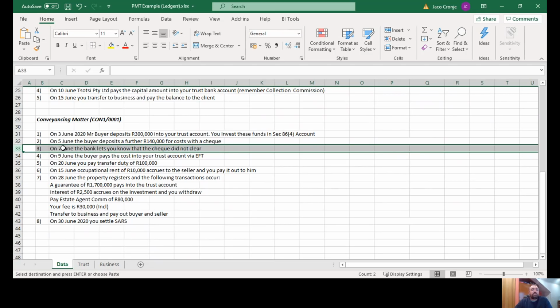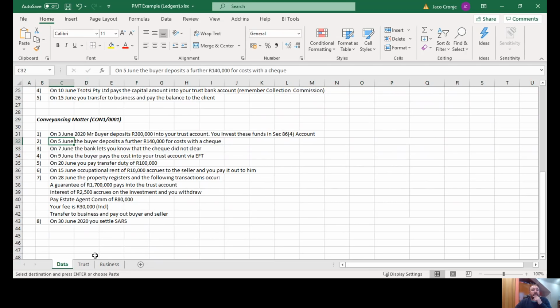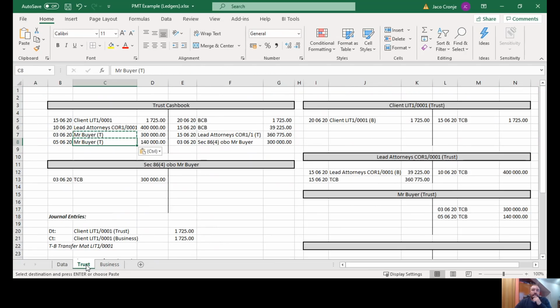Now, on the 7th of June, the bank lets you know that the check did not clear. So this check here for the 140,000 Rand cost didn't go through. So what do we do now? Do we keep it like this? Is my accounting records correct? How much or how many rands are we holding on behalf of Mr. Buyer? And the answer is only 300 because this never happened. So I need to throw this in reverse.